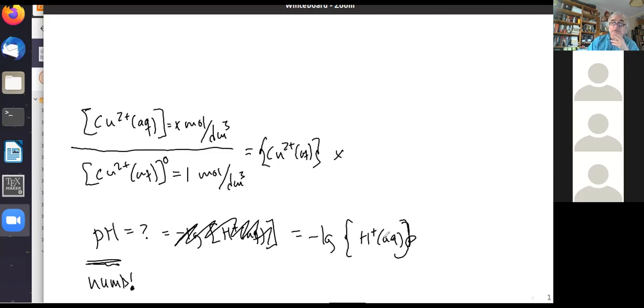The activity, that is just a number. No units. And then taking the logarithm of a pure number produces, of course, a pure number. This is not so serious.